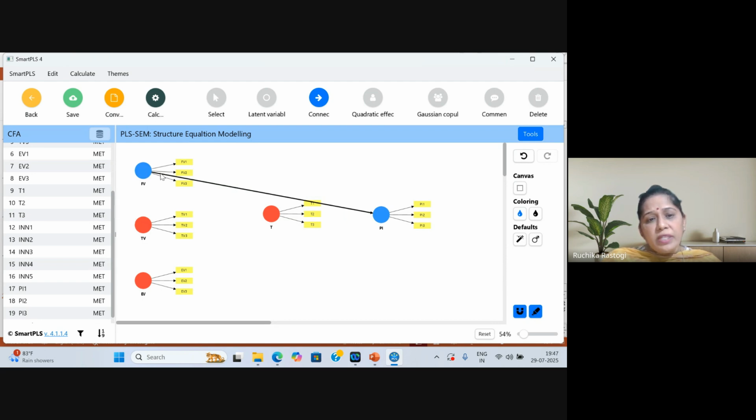If the variables do not have a direct relationship, there is no chance that they will have an indirect relationship.